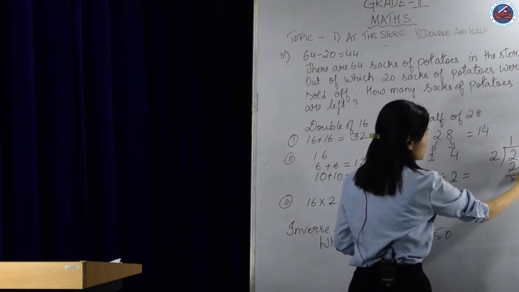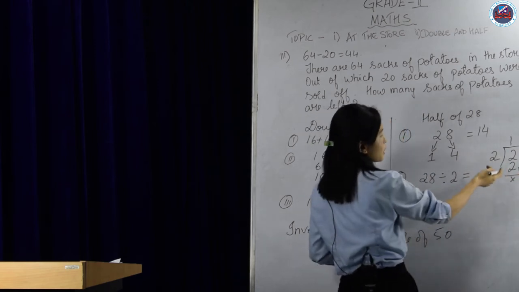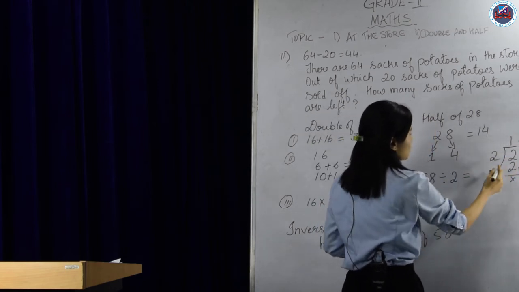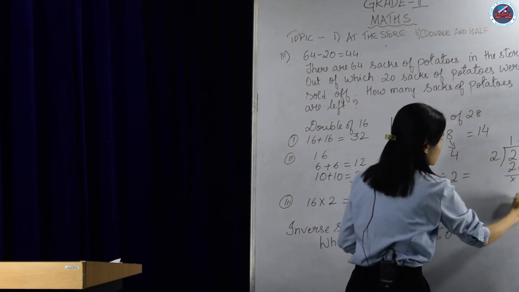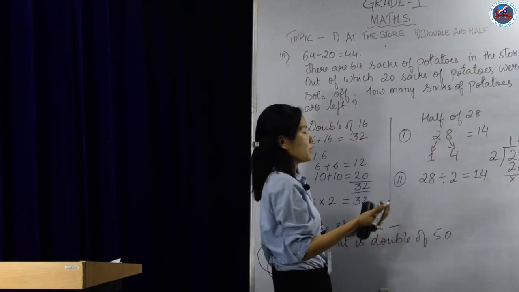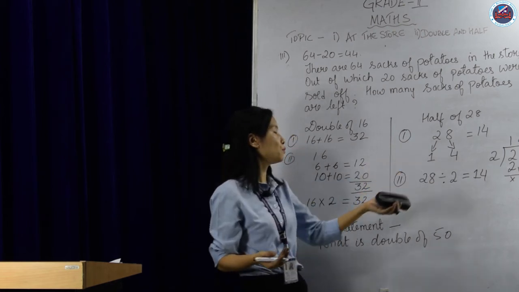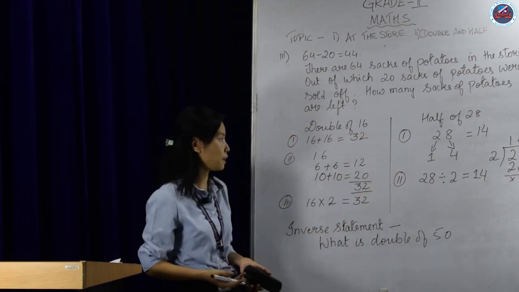The next number is 8. So 2, how many times are 8? It's 4 times. So 2 fours are 8. So the answer is 14. In any way you do, the answer will be the same if your calculation is correct.